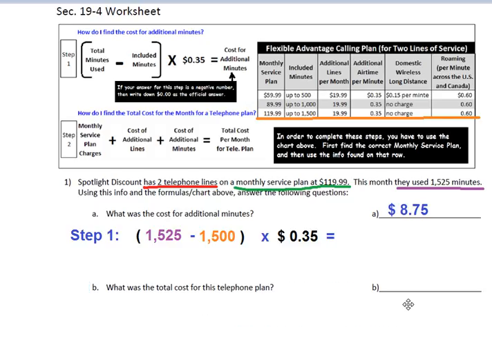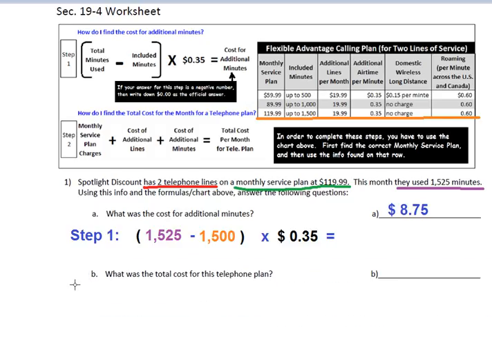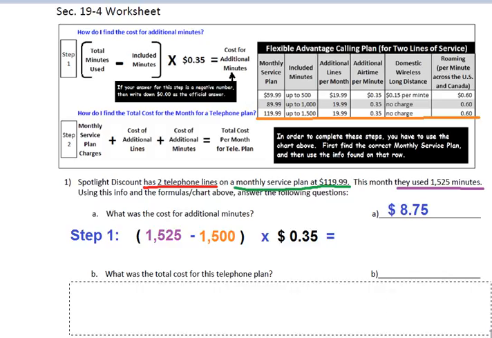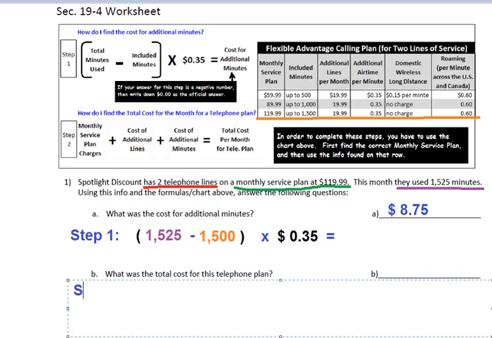Now this takes us to letter B. In letter B, we're trying to calculate what was the total cost for this telephone plan. Step 2. First thing is, what is the monthly service plan charge? They already tell us that right away in our problem up above. We've underlined it in green, but you can also find it up above in the orange underline as well.